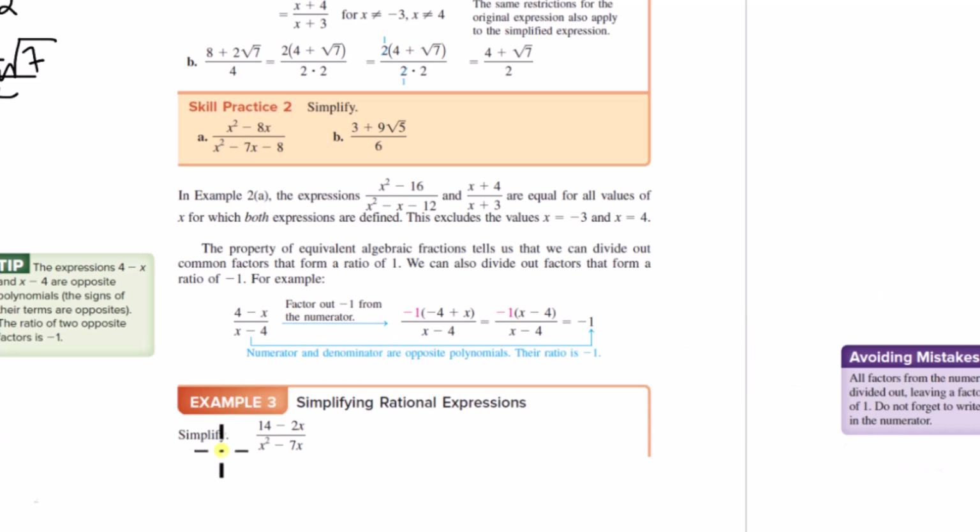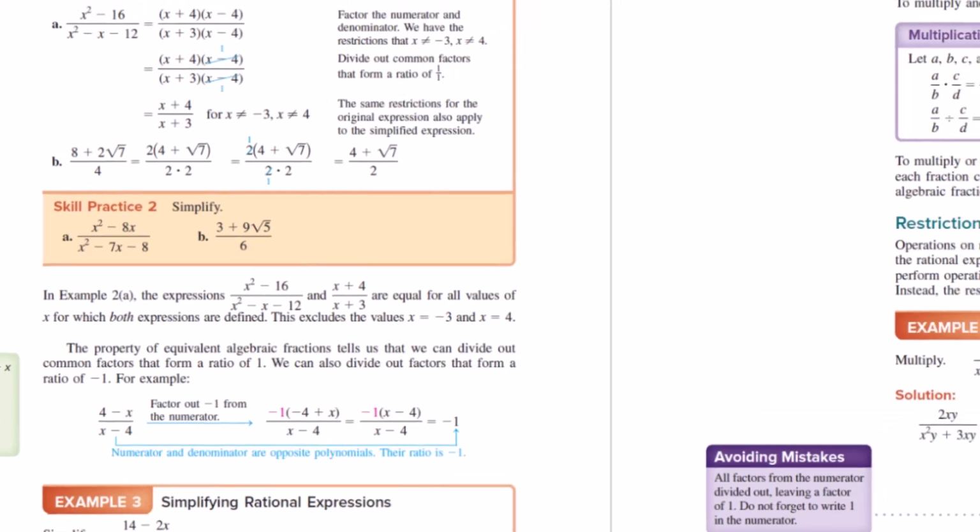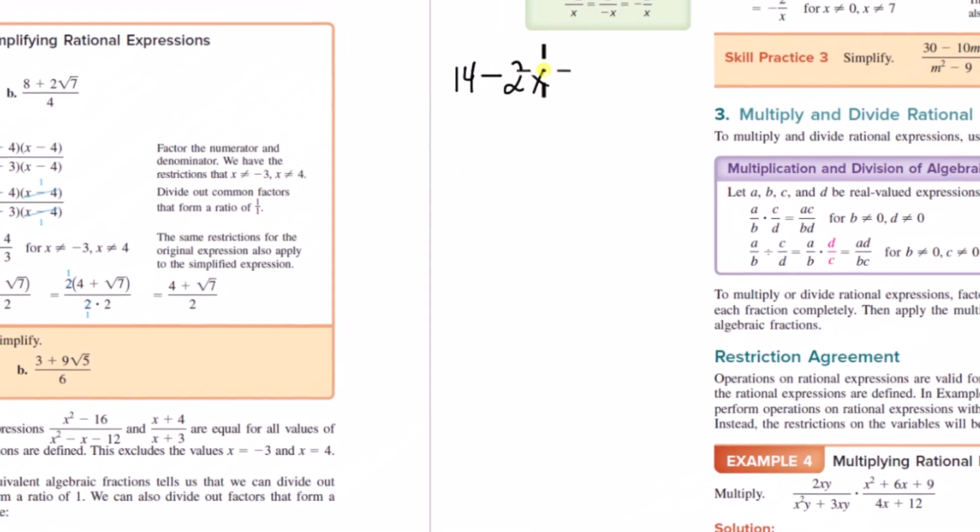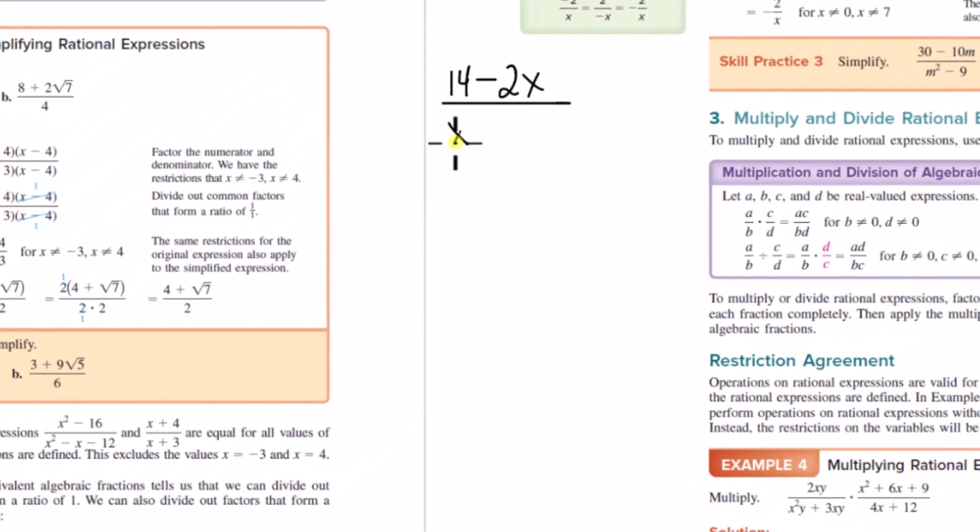Okay, let's do this: 14 minus 2x over x squared minus 7x. Let's simplify this. Let's factor the numerator and denominator to see if we can get some common factors. We've got a 2, and we can take out 7 minus x.